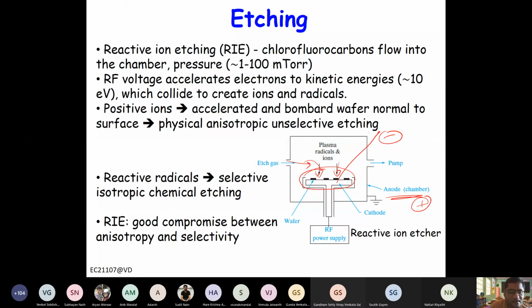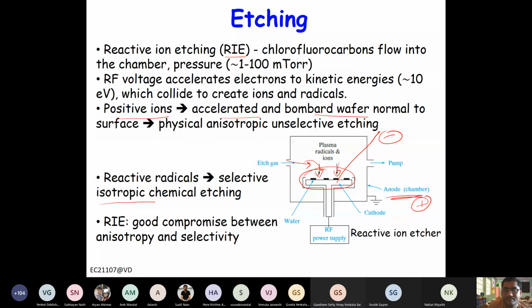These are molecular fragments, and these radicals are similar to chemical etching, so they are usually isotropic, and the bombardment ions give anisotropic etching. So basically you can control these two, and you can have the combination of anisotropy and selectivity. So this is reactive ion etching, and we already discussed wet etching and dry etching.